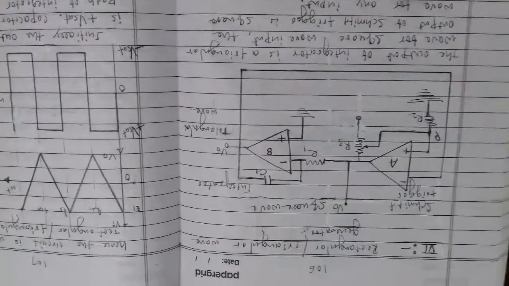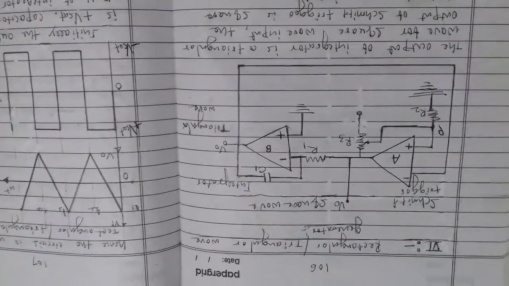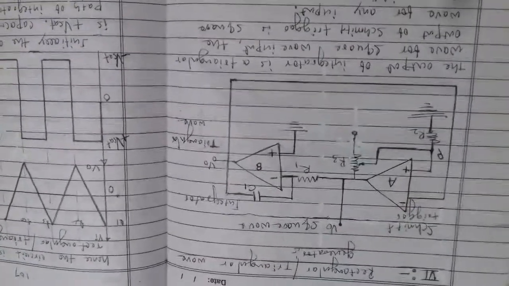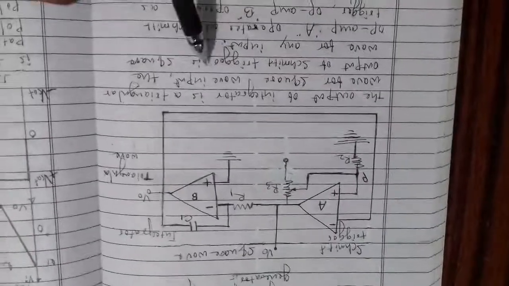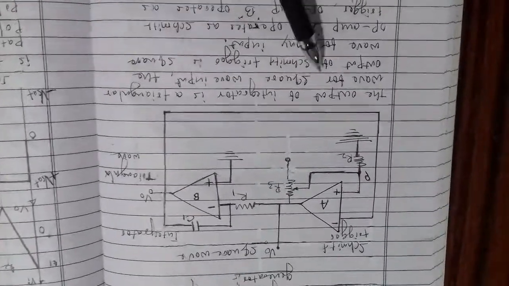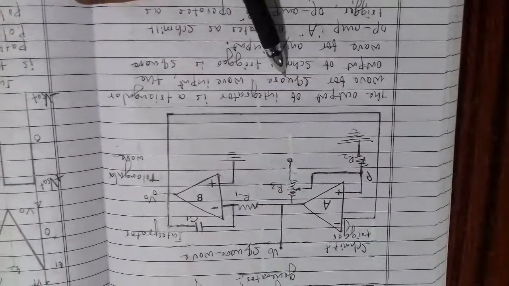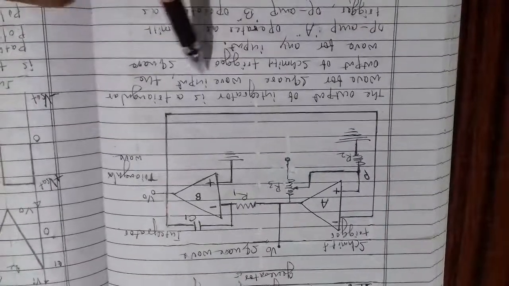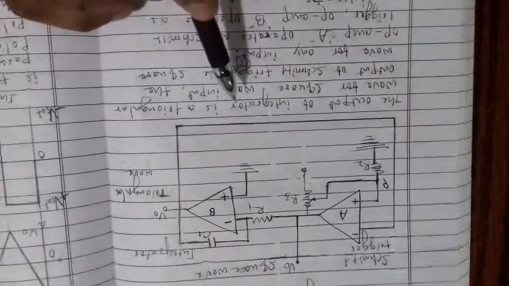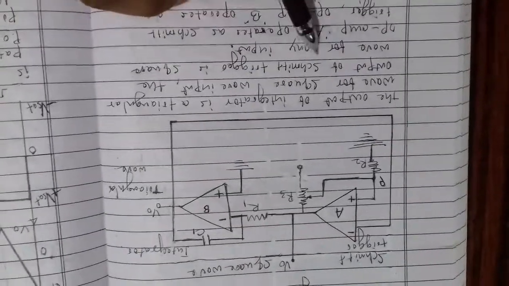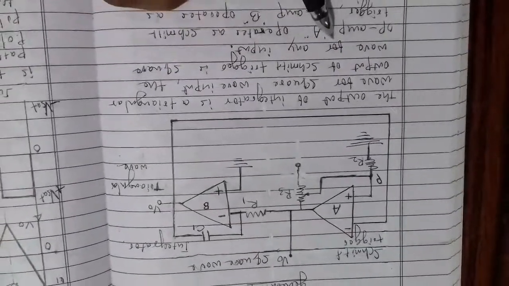The rectangular or triangular wave generators: the output of integrator is a triangular wave for square wave input, and the output of Schmitt trigger is a square wave for any input.